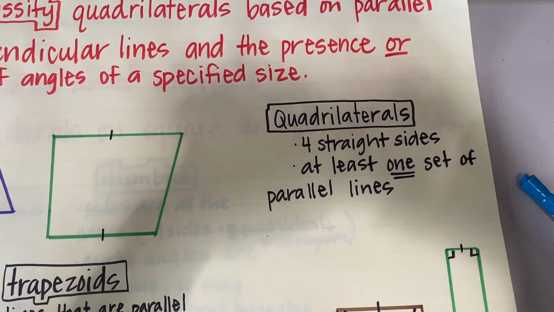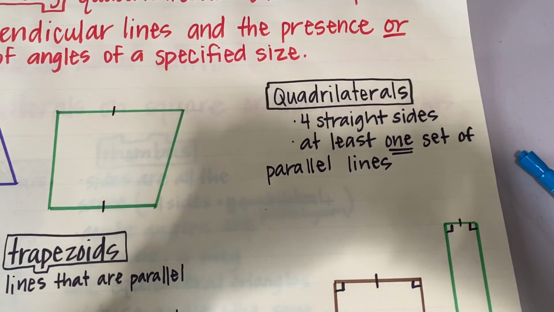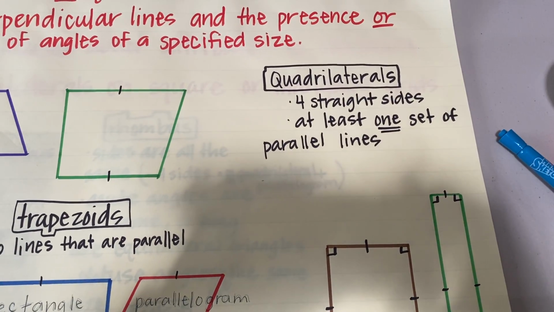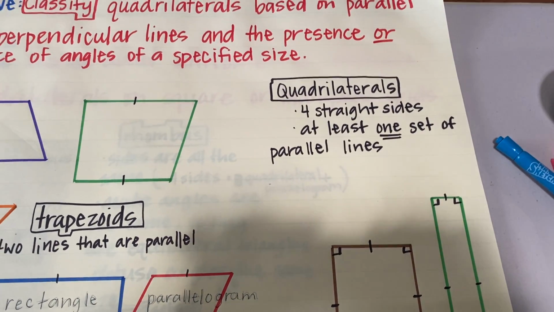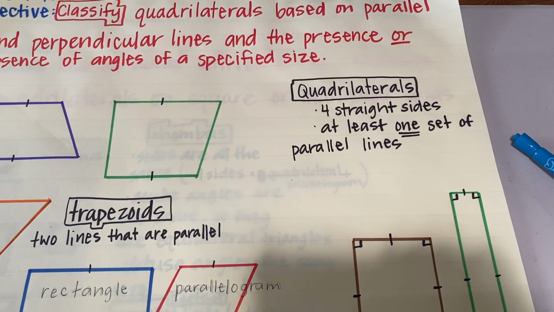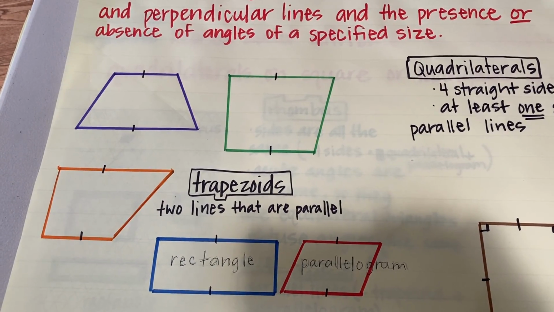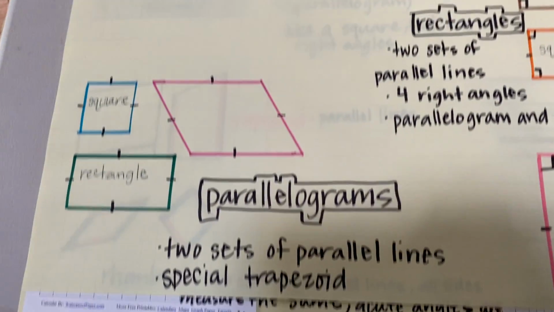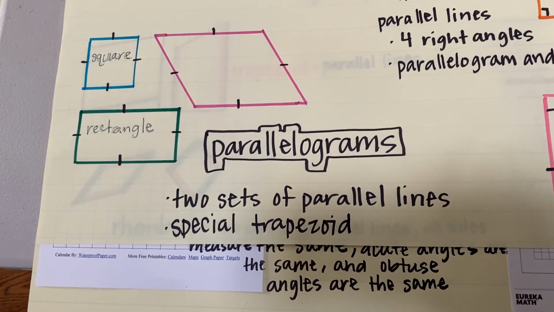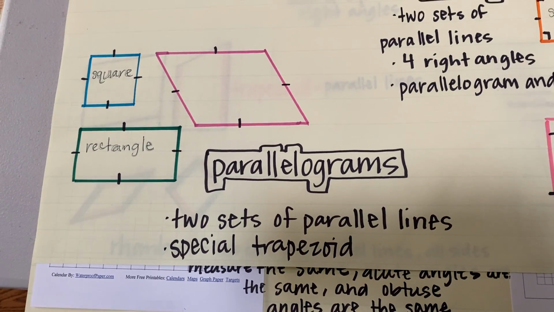These are quadrilaterals. Quadrilaterals are shapes that have four sides and at least one set of parallel lines. So we have trapezoids, two lines that are parallel. Parallelograms, two sets of parallel lines, a special trapezoid.